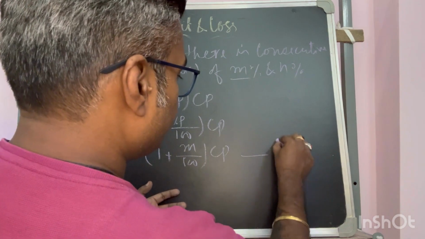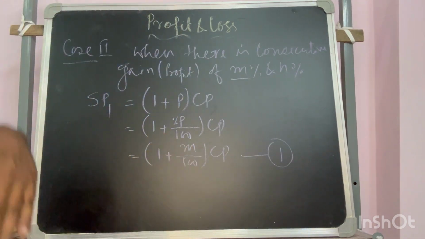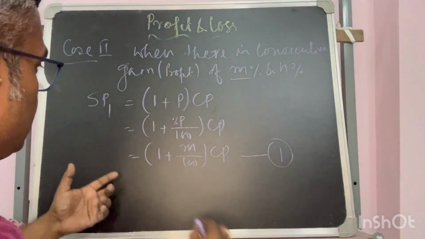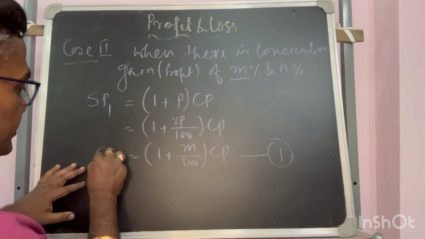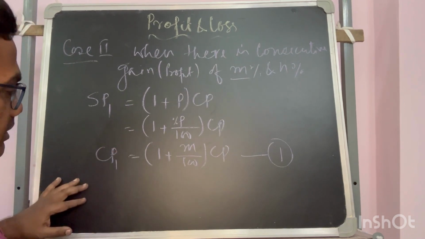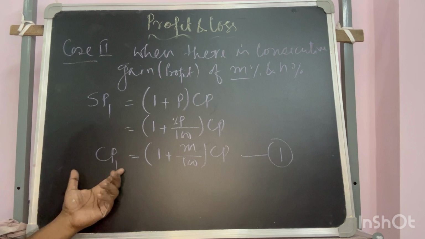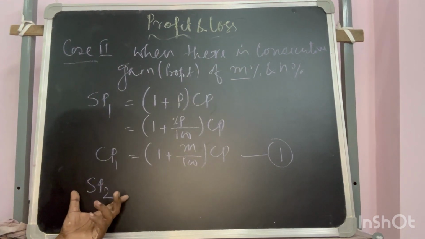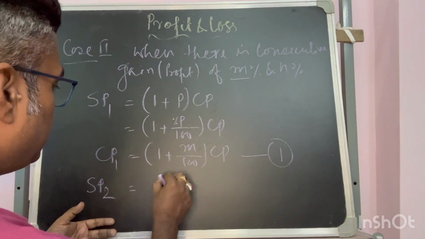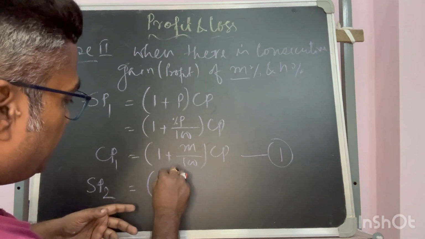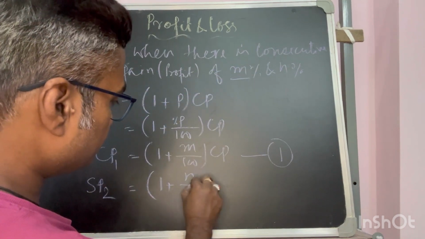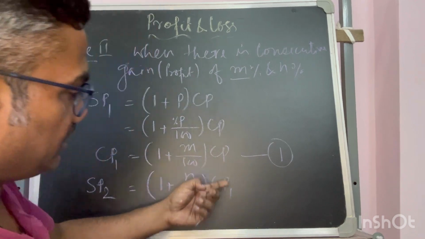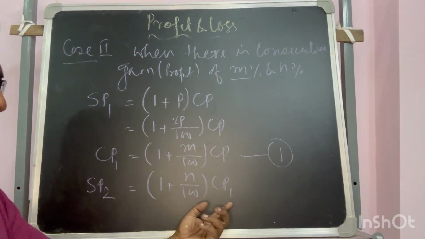This is the first equation. Now if I am to sell it again, what would be the cost price for the second case? This SP will be the cost price for the second case, so it will be termed CP1, for the second transaction. When I calculate SP2, the second selling price, the same way N will come. Instead of CP, I will put CP1, because SP is related to the cost price.